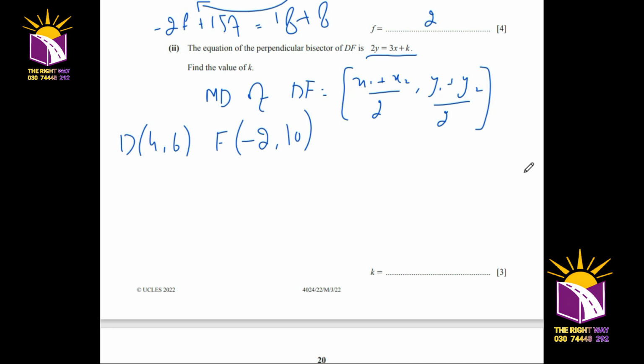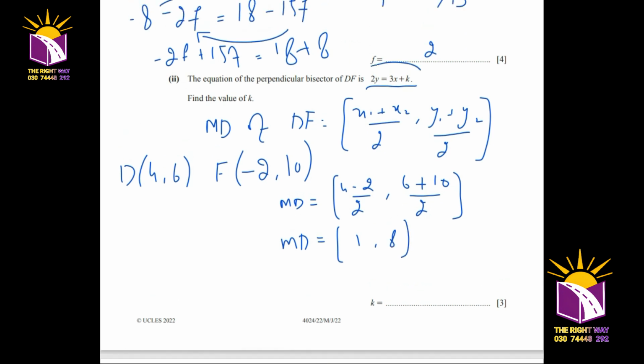Now the midpoint is (4 minus 2) divided by 2 and (6 plus 10) divided by 2. It will be equal to 4 minus 2 by 2 will be 1, and 6 plus 10, 16 by 2 will be equal to 8. So this point lies on this equation.